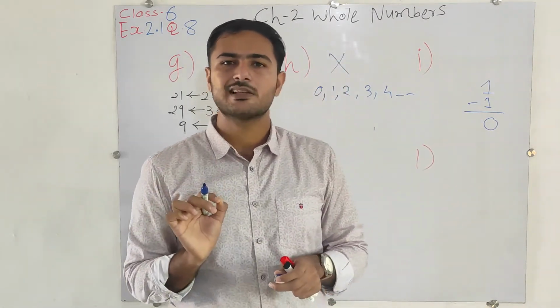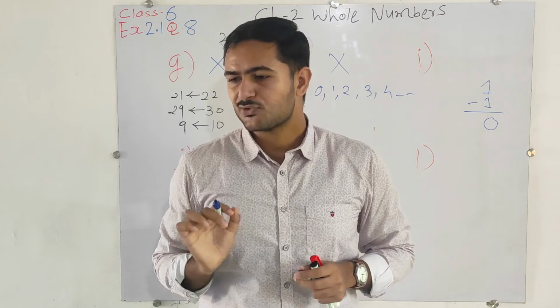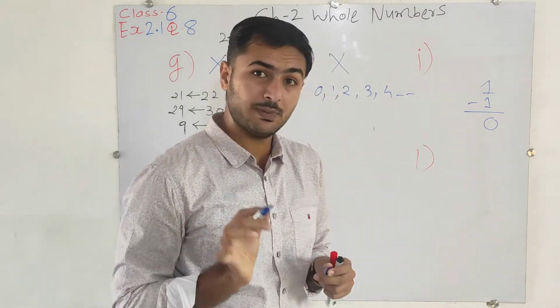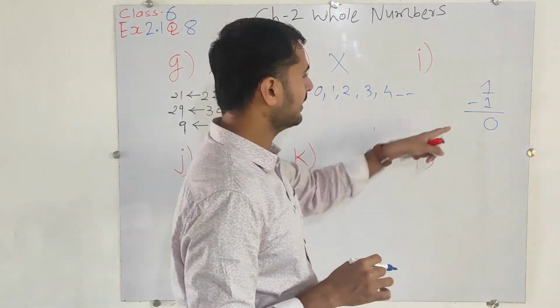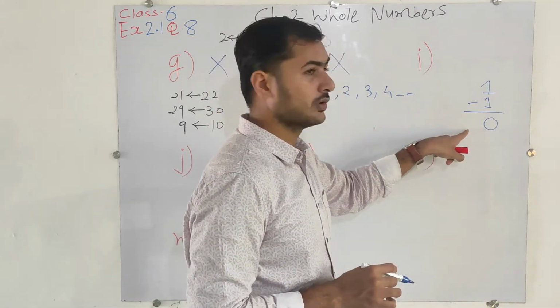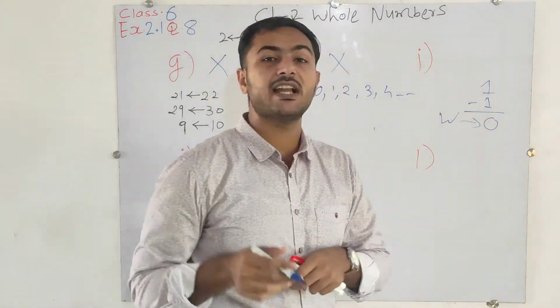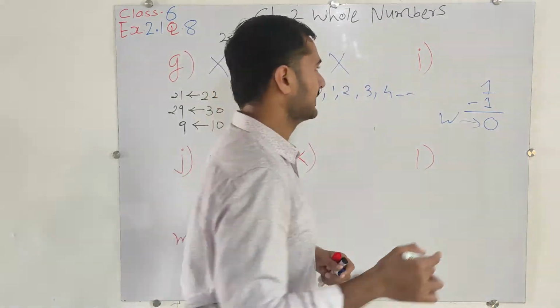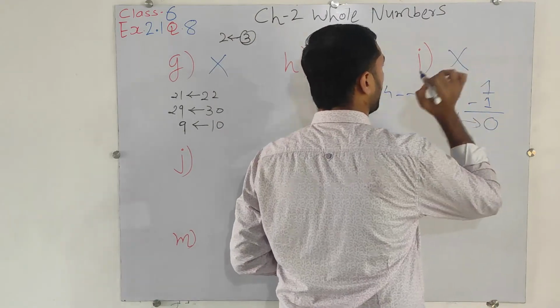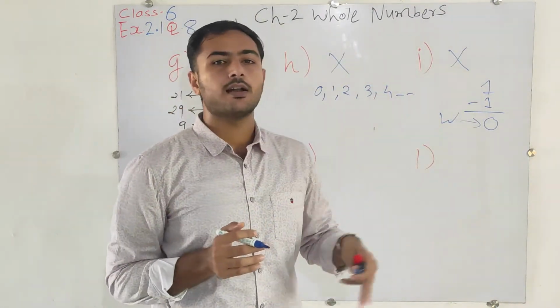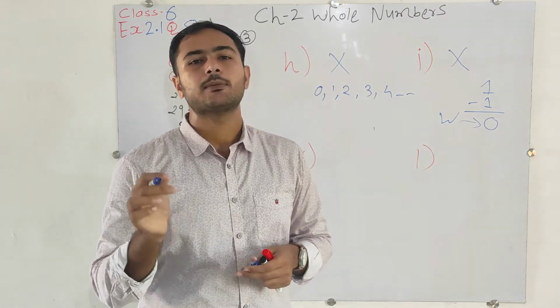But the question says the natural number 1 has no predecessor, so it should be natural only. Here 1 has 0 as a predecessor, but 0 is a whole number. We have to find it for the natural numbers only. So the given statement is wrong, because the natural number 1 does not have any natural predecessor.